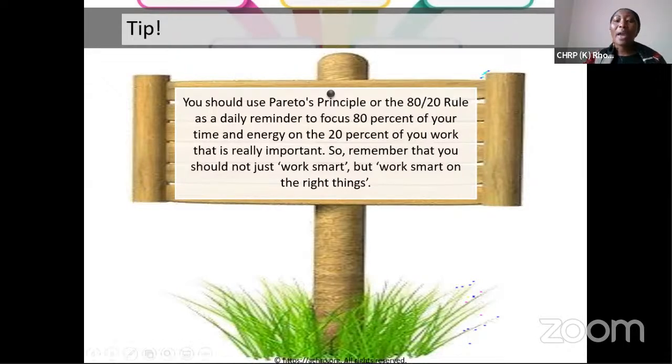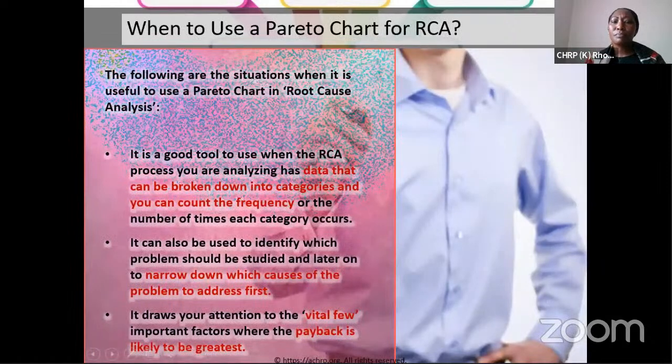So let's look at when. Do we always use Pareto charts? Or are there unique circumstances where Pareto analysis will be more effective than the 5 whys, the fishbone, or any other scientific tool we looked at?